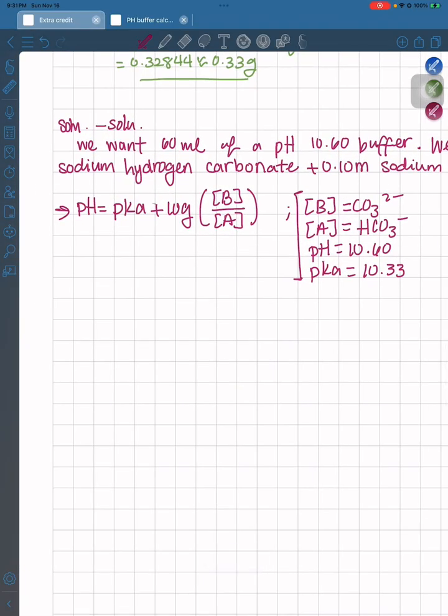So my pH is 10.60, pKa is 10.33, plus the log of my base, which is carbonate ion, and hydrogen carbonate ion, but for the sake of simplicity, I just write base and acid.